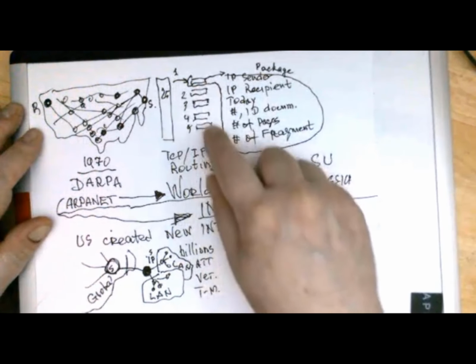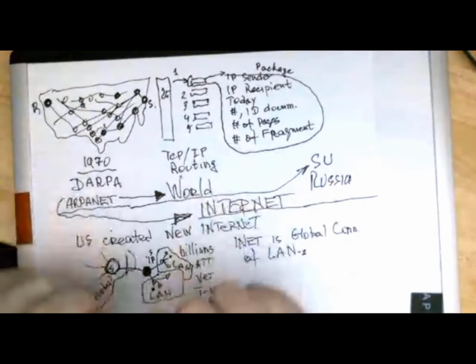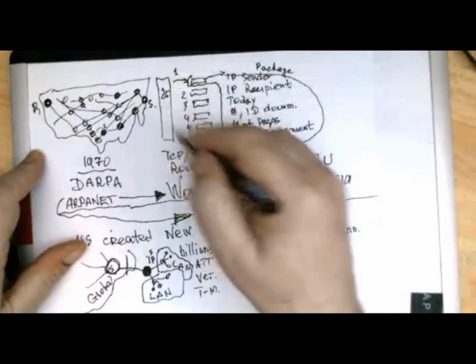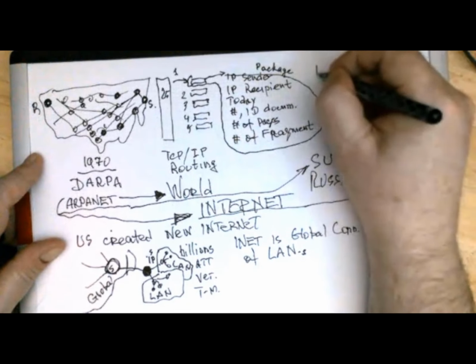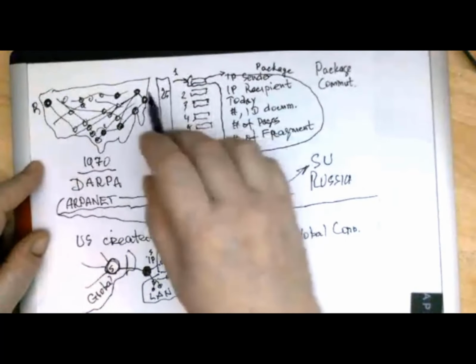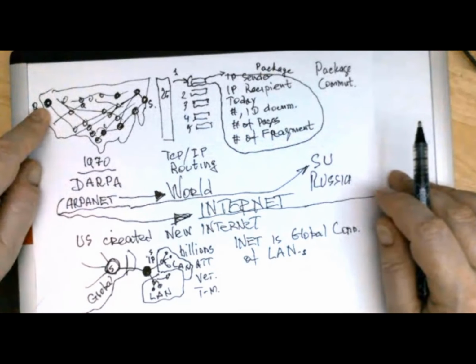Okay, what else I would like to tell you about this packet commutation? By the way, folks, this system of splitting the main document into small packages is named packet commutation. So when all of these packages are collected on the recipient end, they all will be glued together and the document will be recovered.